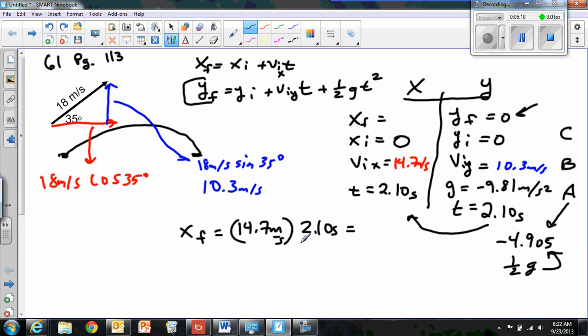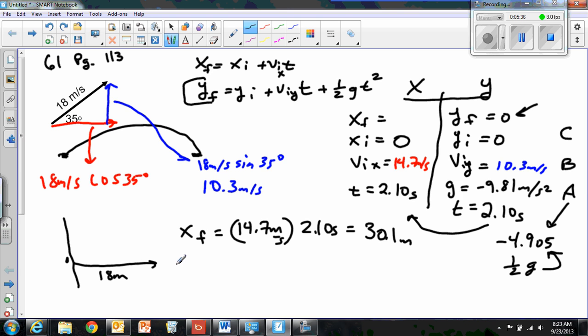So when I do 14.7 times 2.10 on my calculator, I get 30.1 meters. Okay, well the football player has started here at the line of scrimmage. This is the line of scrimmage, and he's already gone 18 meters. All right. Well, the football is going to go 30.1.